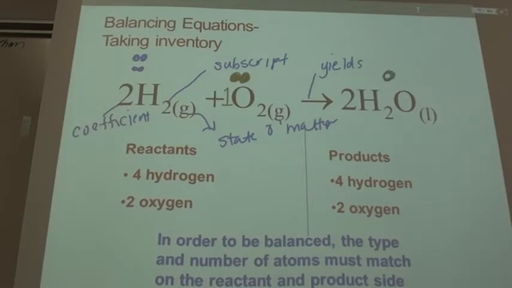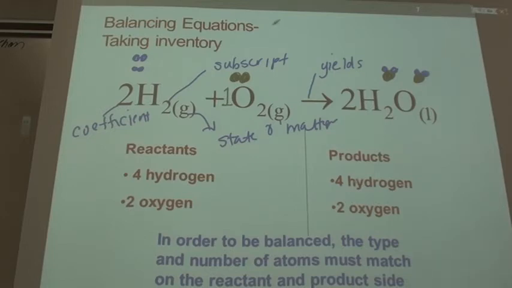In the product side, I would have two molecules known as water. Okay. So you can see I have 1, 2, 3, 4 hydrogens, 1, 2, 3, 4 hydrogens, and I listed that right here and right here. On the reactant side, I have 2 oxygen, and on the product side here, I have 2 oxygen. Therefore, this is a balanced equation.